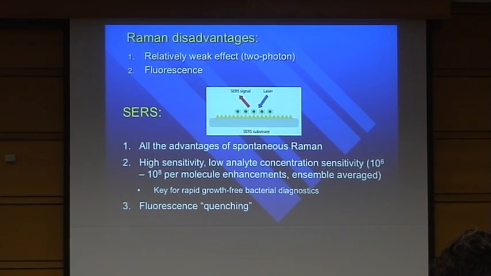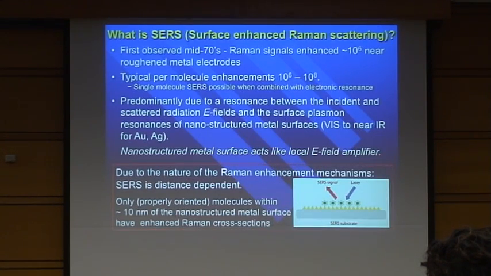Molecular enhancements in solution on average can be 10 to the 6, 10 to the 8, something of that order. And that's key to some of the applications that we've been able to find valuable to exploit SERS for, such as growth-free bacterial diagnostics. The other attribute, which is quite convenient for SERS, is that because of efficient energy transfer, there's a fluorescence control. So fluorescence is never an issue, as it might be for normal spontaneous Raman.